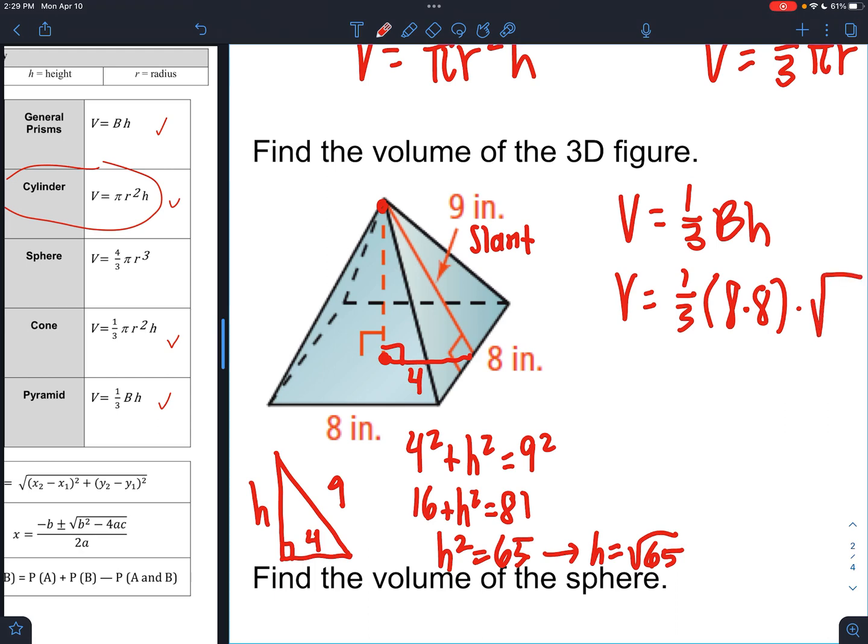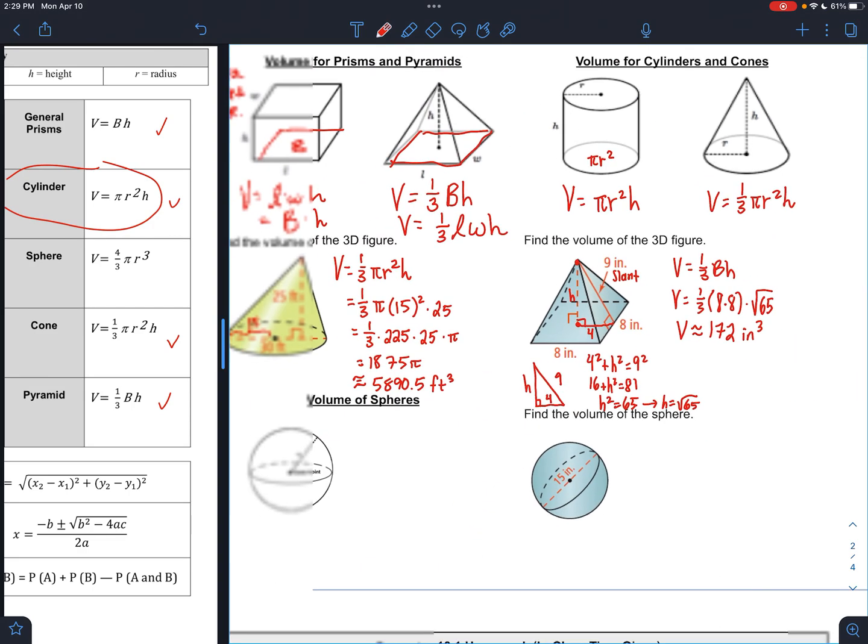Okay, so the square root of 65, and if you multiply all those numbers together, you're going to get around 172 cubic inches. Okay, so remember the height is from the base to the tallest point.